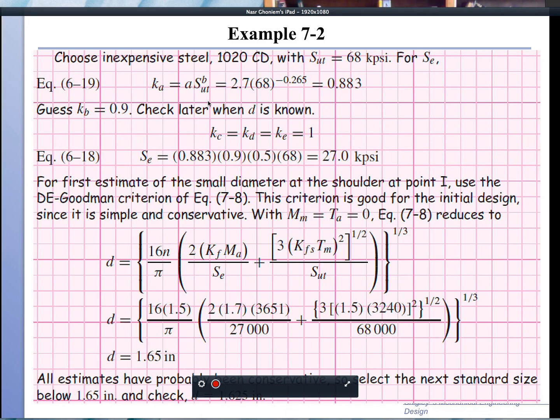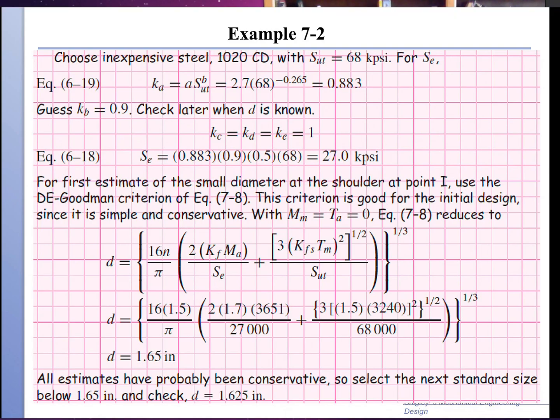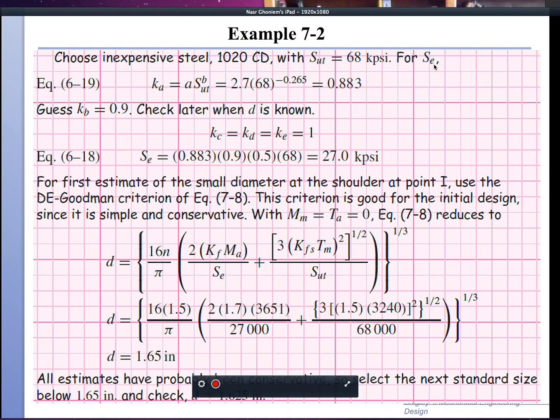But before we do that, we know that the steel, if we look at the tables, 1020 cold drawn, has an ultimate strength of 68 ksi. So you would think that the Se for that, if we're going to design the shaft for infinite life, will be half of that value, 34.